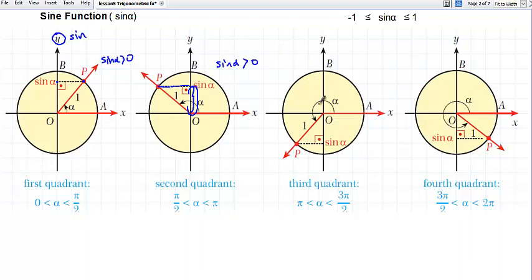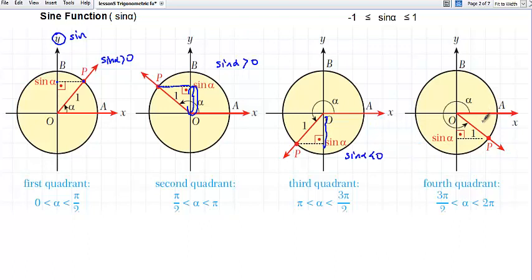So sine alpha is greater than 0 again. In the third quadrant, the alpha is here, and then sine alpha becomes this value. If this is the y-axis and this is the x-axis, the values below the x-axis are negative. That's why here sine alpha is smaller than 0.